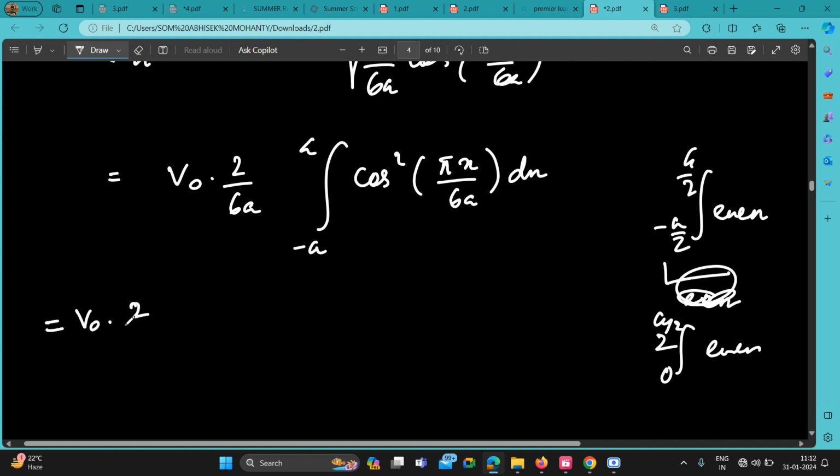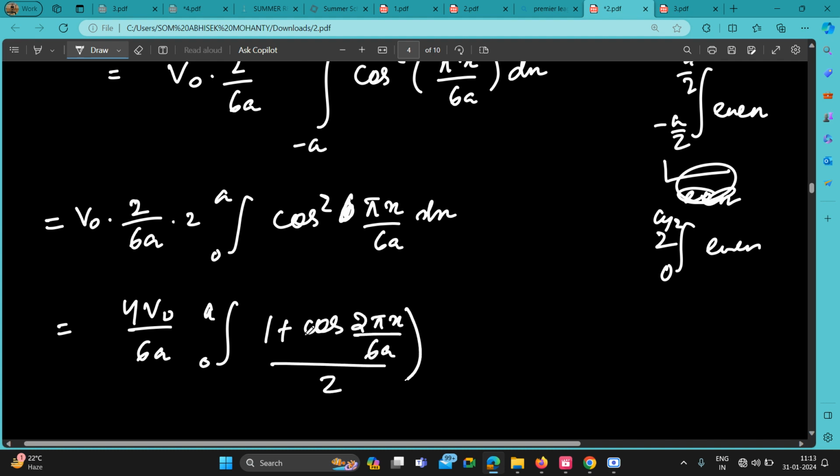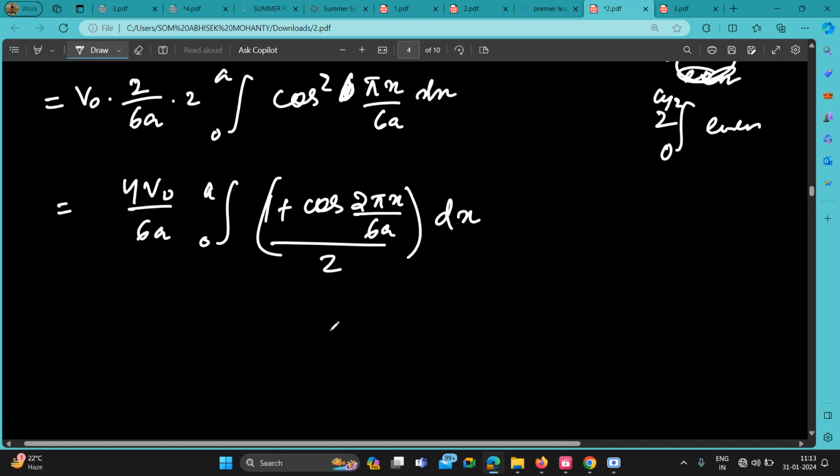V naught into 2 by 6a into 2, 0 to a cos square pi x by 6a dx. So 4 V naught by 6a, 0 to a 1 plus cos 2 pi x by 6a whole divided by 2 dx.